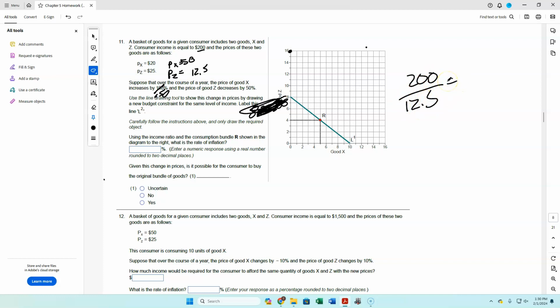So if I divide my $200 budget by the now new $12.50 price, I'm going to be at 16, which is mine right here. And if I divide 200 by 50, it's going to be 4.